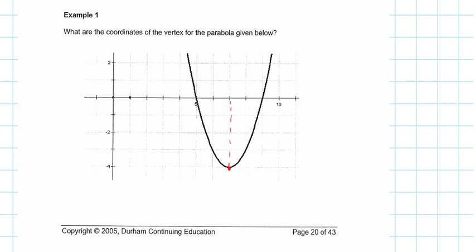And then the y value is at -4. So the vertex is (7, -4). You have to write it in brackets because it's a point, and a point has to be written in brackets with the x value first, the y value second. Are we good with that? All right.